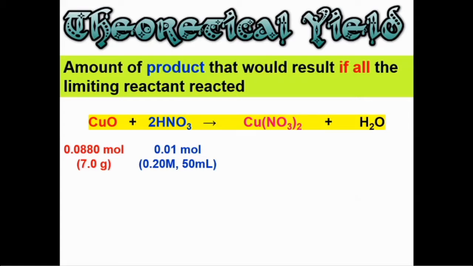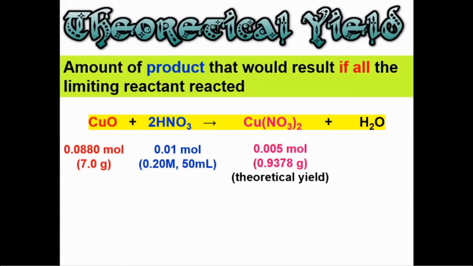If the moles of nitric acid is 0.01 mole, theoretically we are going to get 0.005 moles of copper(II) nitrate, or in mass, 0.9378 grams of copper(II) nitrate produced in this reaction.